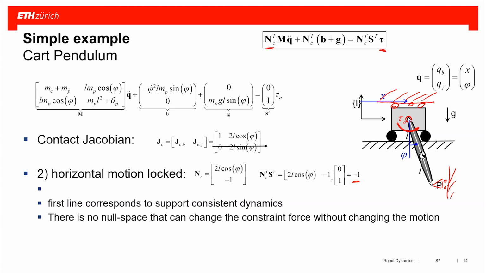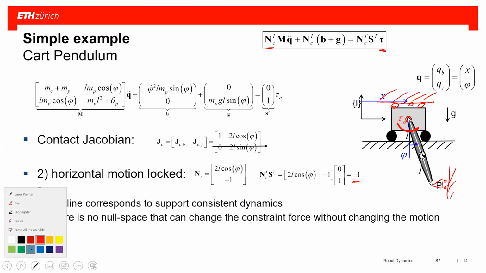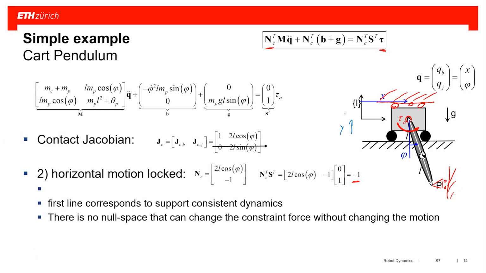If this would not be the case, I would have to introduce additional degrees of freedom, so I would have to introduce a Y and a phi coordinate for the base. Then the system would be more generic, more complex, and then we could lift off. Everything would depend on the complementary constraint that the contact forces can only be positive and not negative.